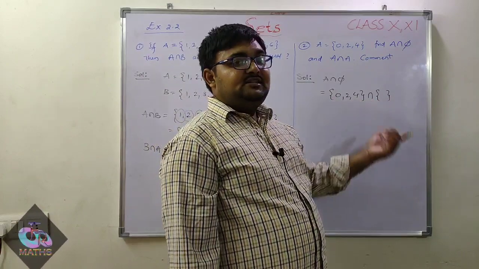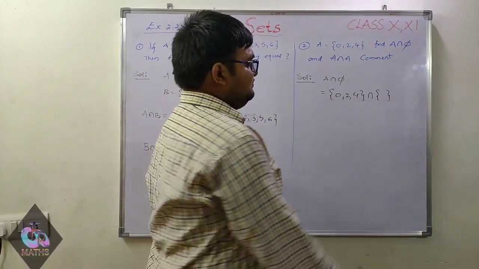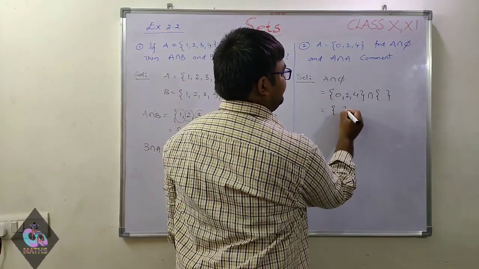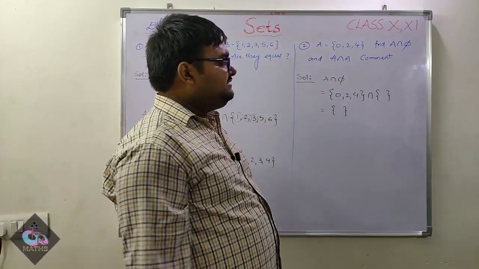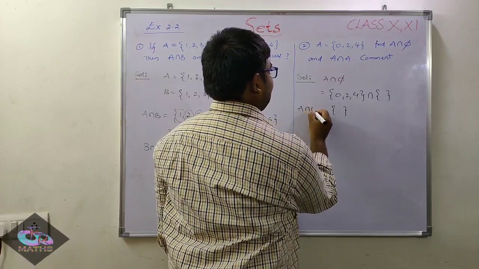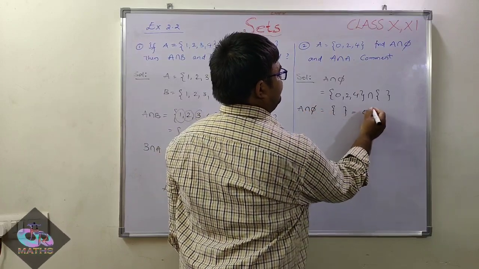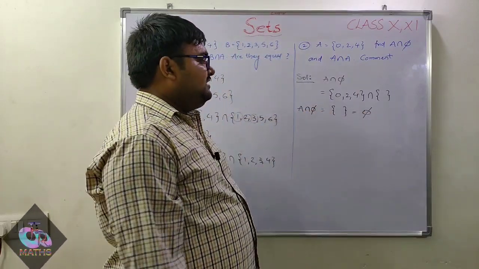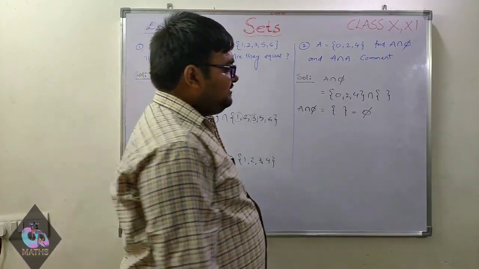Is there any element that is common to both the sets? Clearly we can say that the empty set is what is common to both the sets. So from this, A intersection φ is φ again.